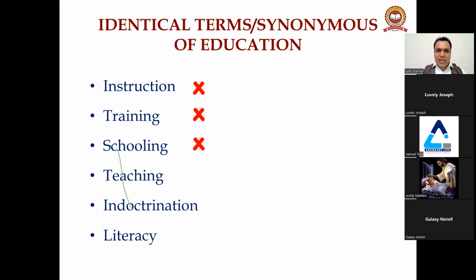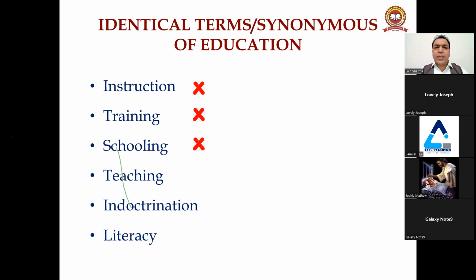Similarly, with teaching, what happens is the teacher comes to the class and teaches in a particular period in a particular subject, the person gets trained in the particular subject, right? But this is not our meaning. This is not our aim of education. What is our aim of education? Can you tell me?